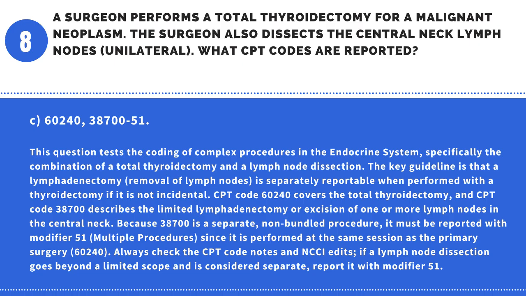Because 38700 is a separate, non-bundled procedure, it must be reported with modifier 51, multiple procedures, since it is performed at the same session as the primary surgery, 60240. Always check the CPT code notes and NCCI edits. If a lymph node dissection goes beyond a limited scope and is considered separate, report it with modifier 51.